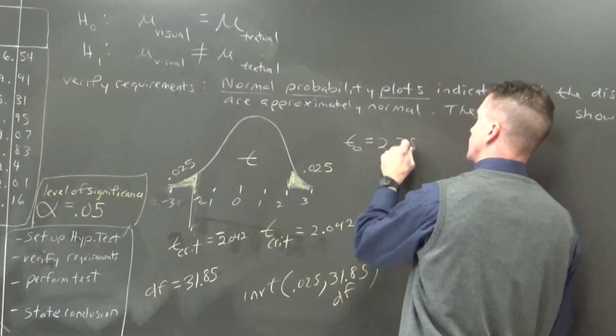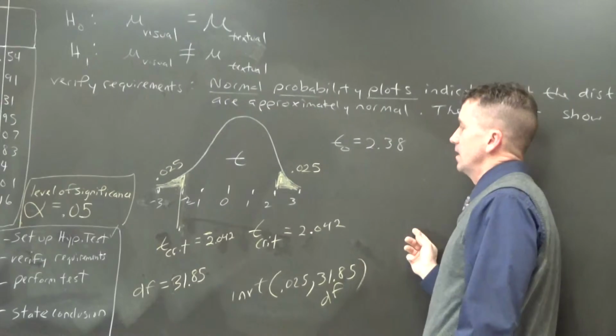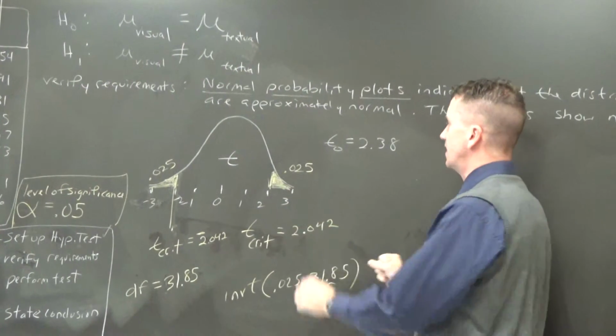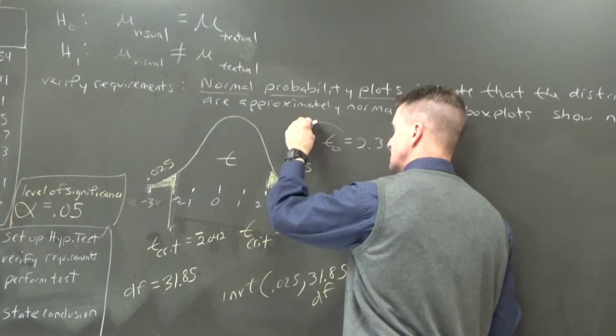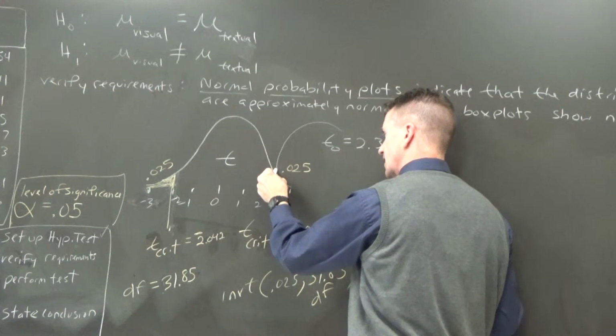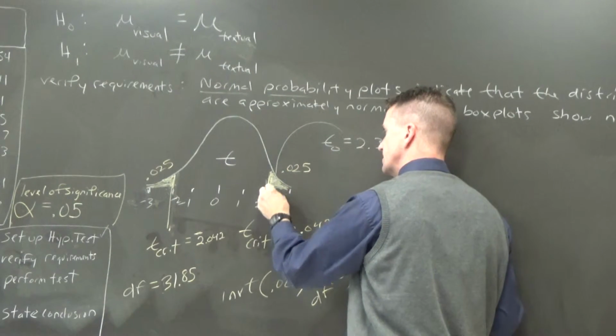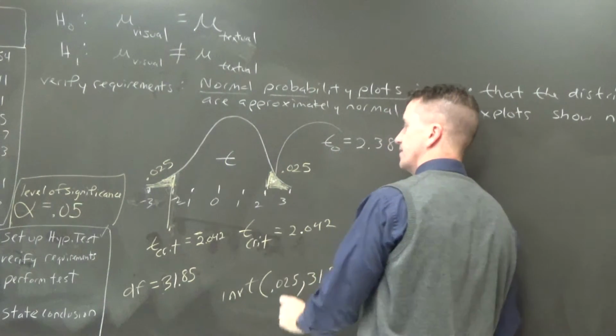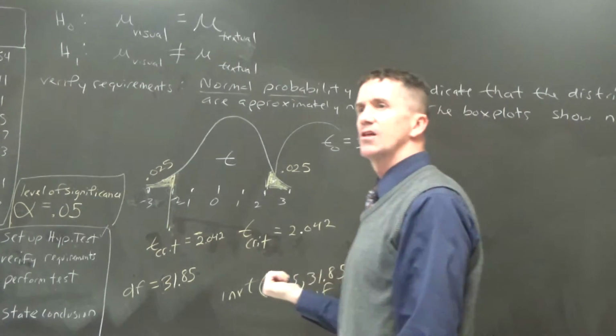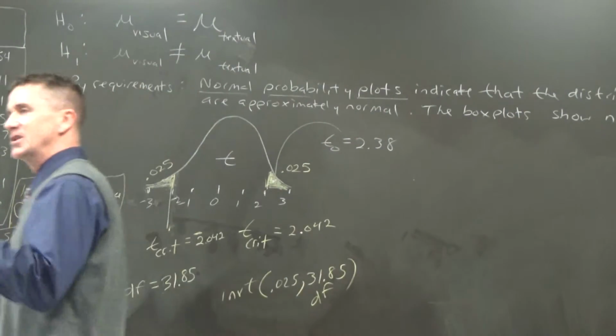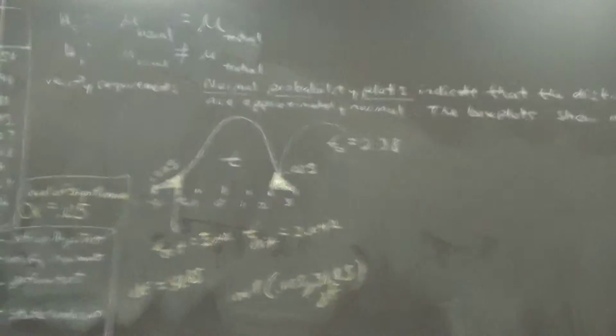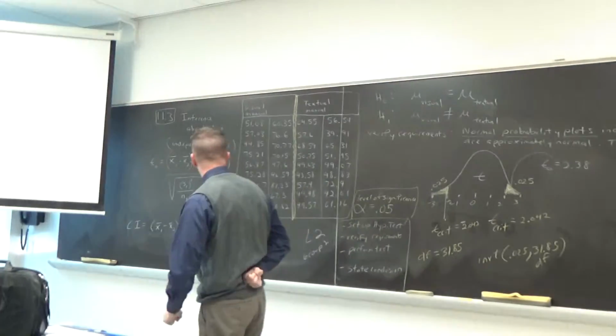Let's plot that in here. Where is that? To the right. It's not right there. There it is. Is it in the yellow zone? Yep, we reject the null. Is it in the critical region? Yep. Reject null.